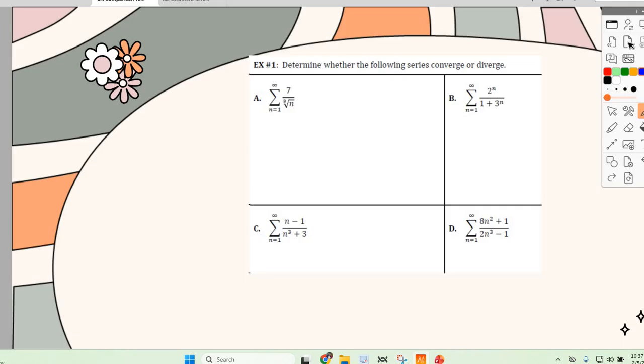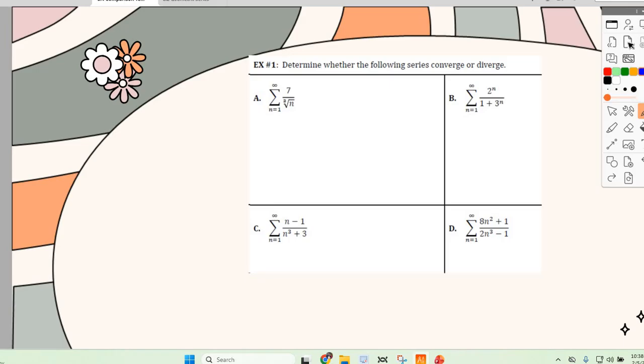The cubed root of n on the bottom. We kind of need to decide, because that's our starting spot, do we think this thing converges or do we think this thing diverges? Which is also helpful, like that first page that I had, to start to think, what does this look similar to?